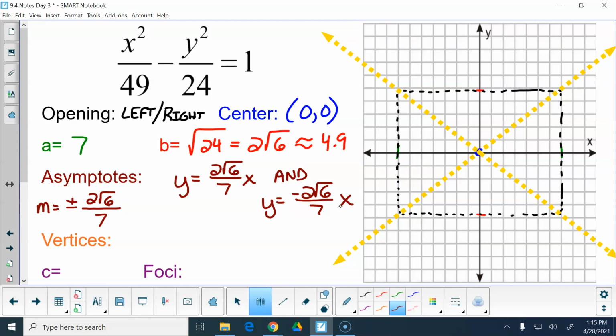Okay? Next, we need to come up with the vertices. Since it's a left and a right opening, that's going to be the midpoints of the left and the right sides. So that would be at the point negative 7, 0 and 7, comma 0.